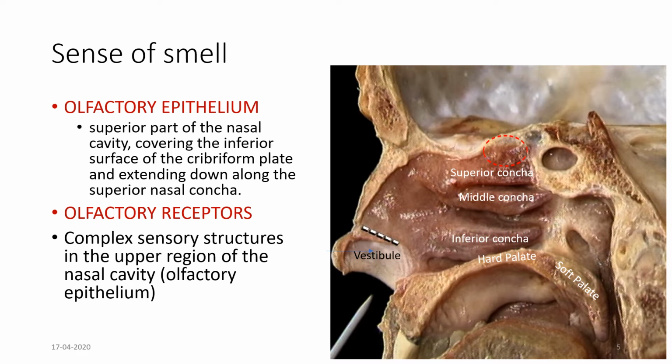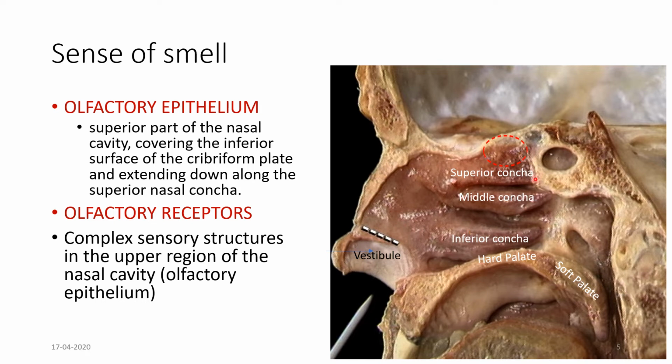Now, let us start with the olfactory epithelium. In this picture, what you are seeing is the sagittal section of the head and neck, where this is the cranial cavity, this is the nasal cavity and this is the oral cavity.